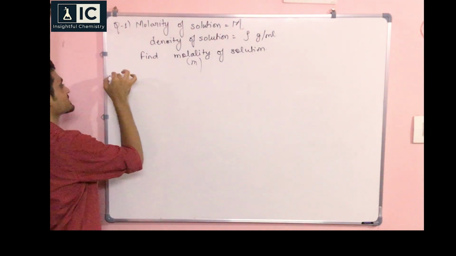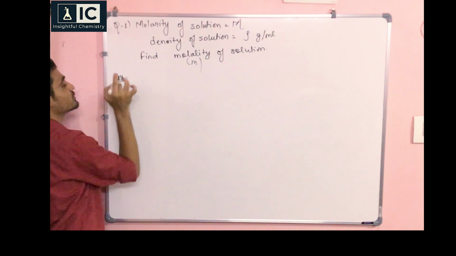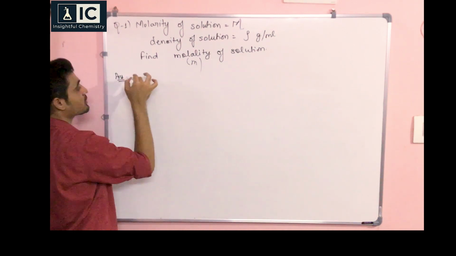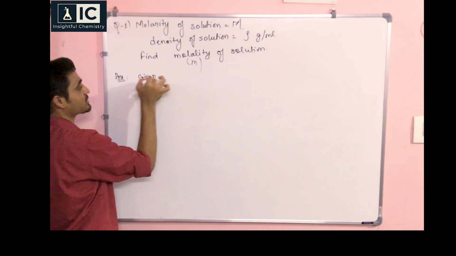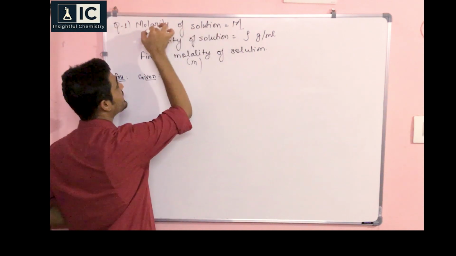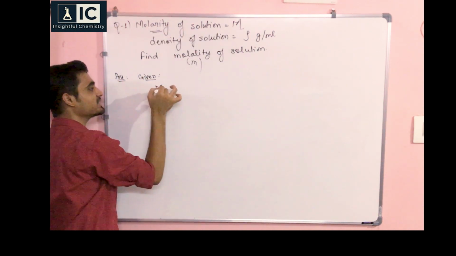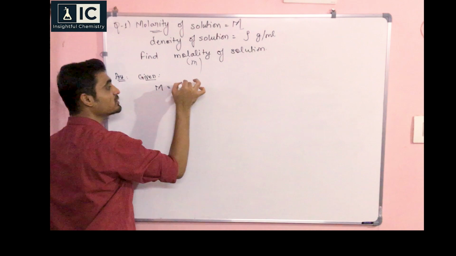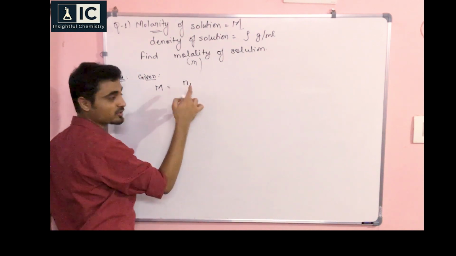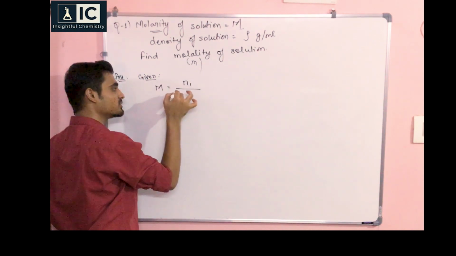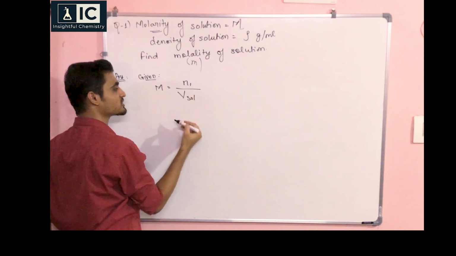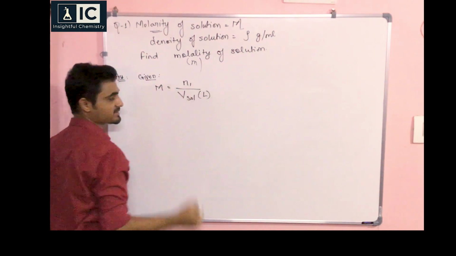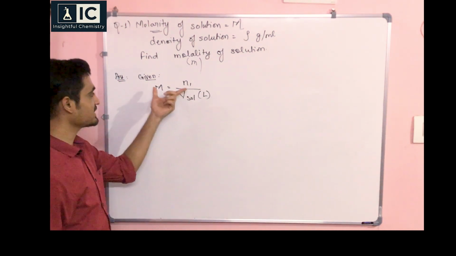So your first step will be to write what is given first of all. Given is molarity, right? So just write molarity. What is the formula? Moles of solute, so 1 for solute, moles of solute by volume of solution in liters. Okay, that is given.